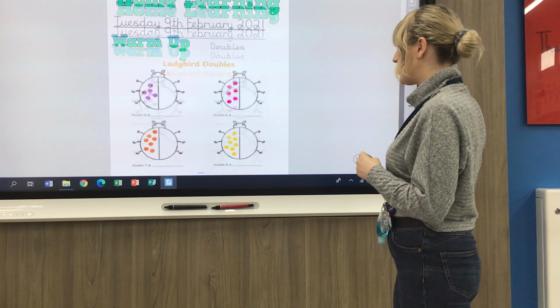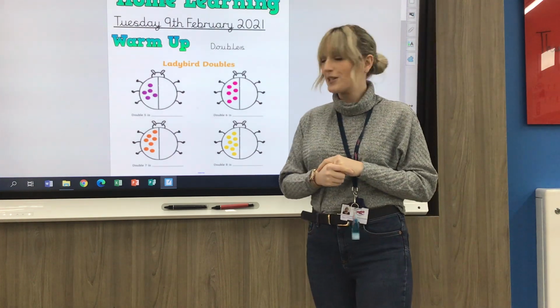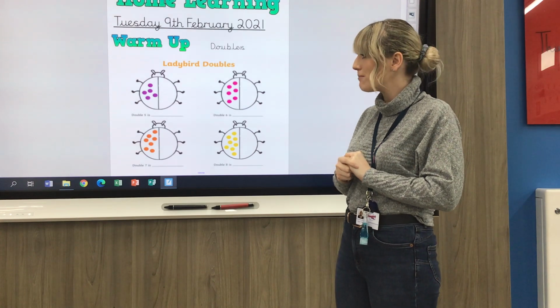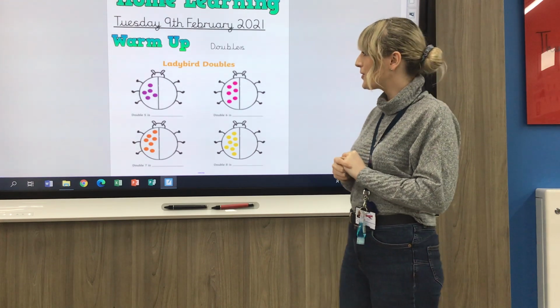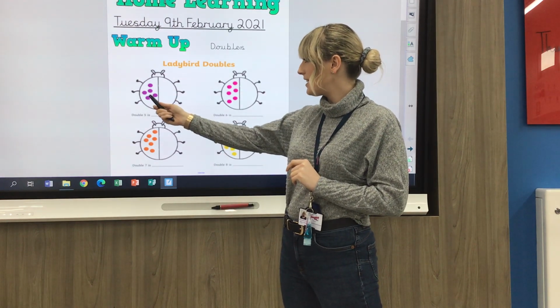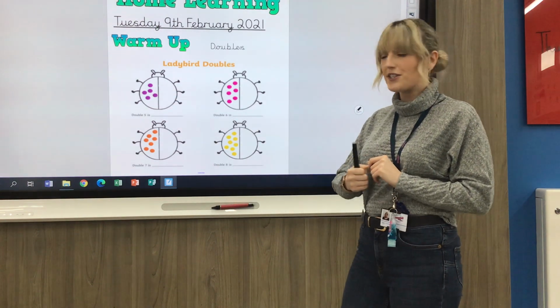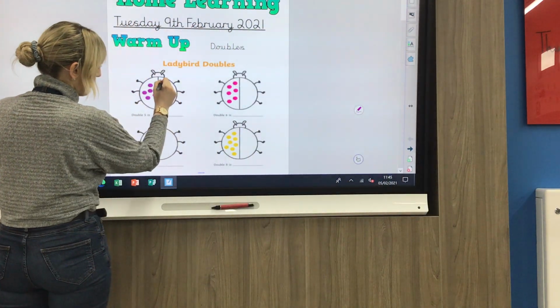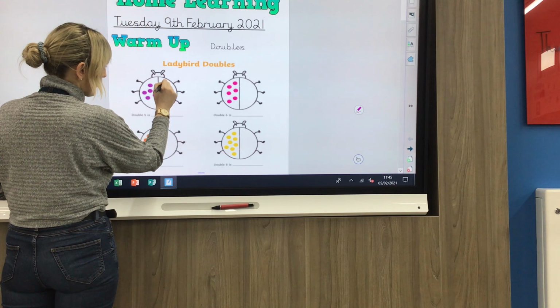So I'd like you to do some ladybird doubles today. You can draw the ladybirds on your whiteboard or in your book. I've got a ladybird here, and on one side it's got 5 spots, so I need to double 5. On the other side I'm going to draw 5 spots.